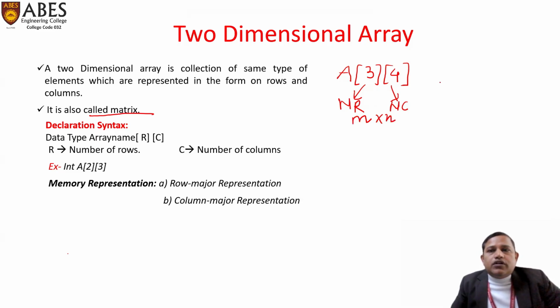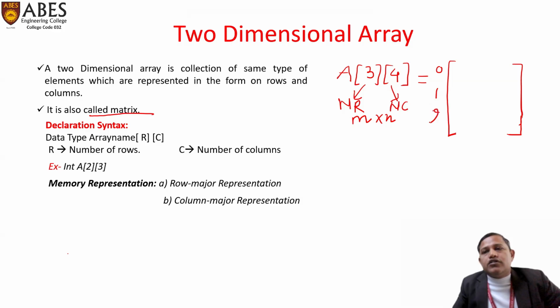If you want to represent this array in matrix form, it looks like this. Suppose you start with the 0th row, then first row, second row.